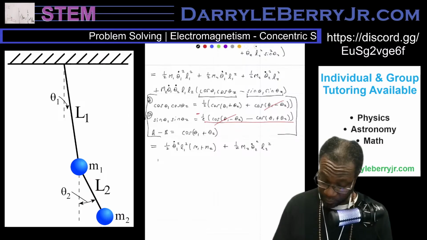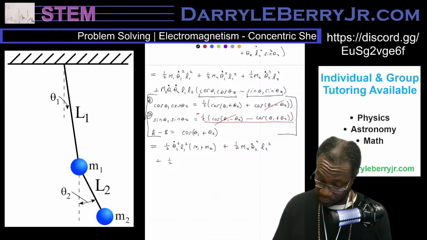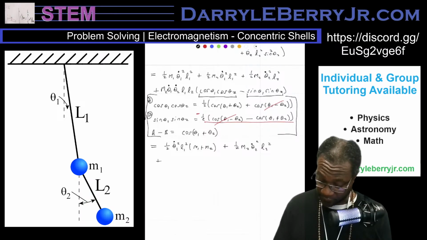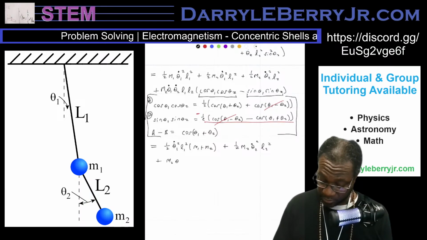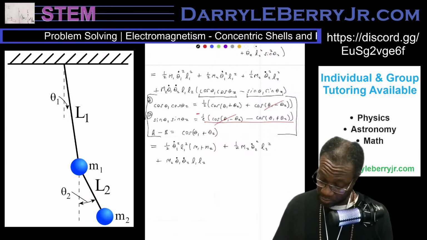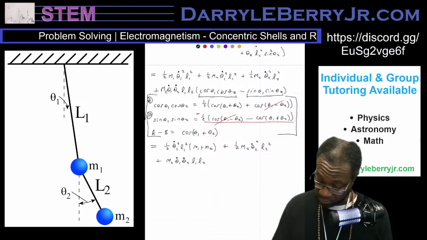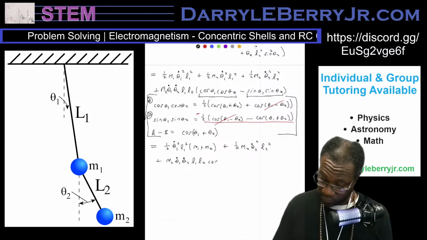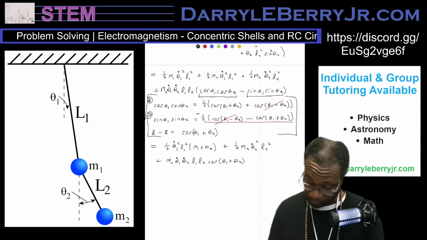And we have the last one, plus just another 1/2 for that one, plus M2 theta 1 dot theta 2 dot L1 L2. And then we have cosine theta 1 plus 2.